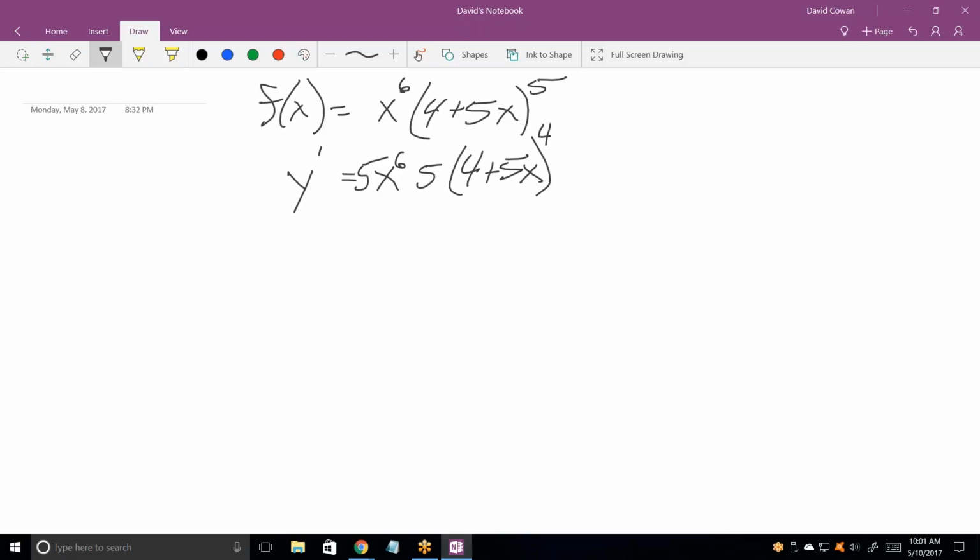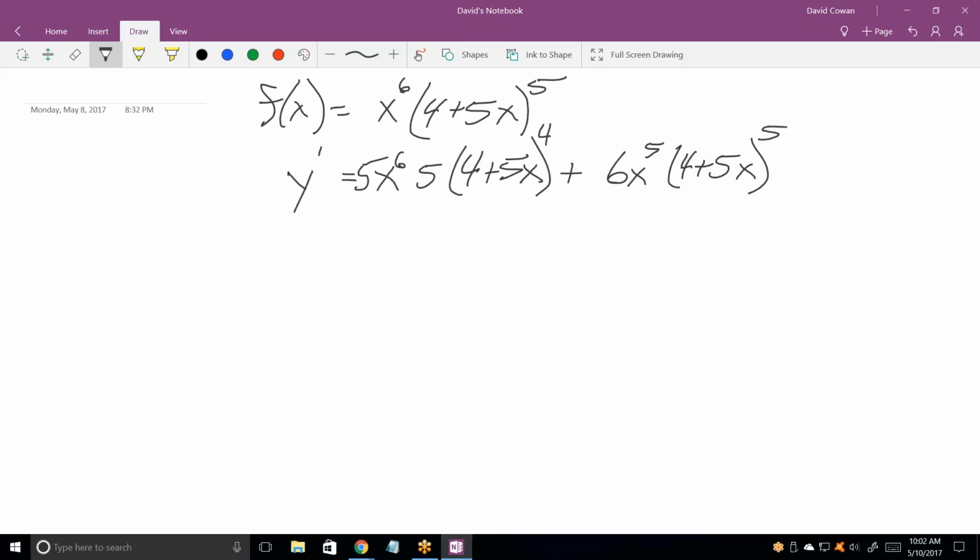And then it's adding. That's why it didn't matter which we did first. What's the rest of it? And then it's 6x to the fifth times 4 plus 5x to the fifth, that function.